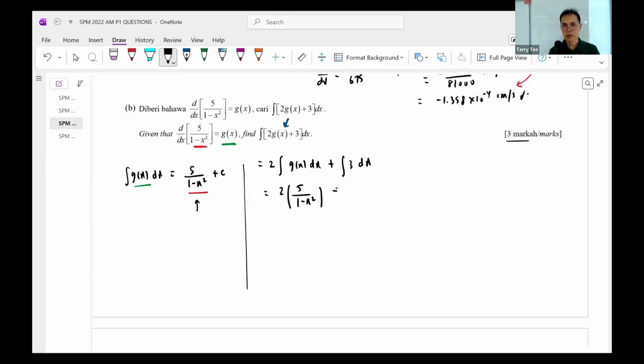Then when you integrate 3, what do you get? 3x. Always add a plus c, because when there's no limit, we always have to put a plus c. Now, let's simplify further. 2 times 5 is 10 over 1 minus x squared, plus 3x plus c.